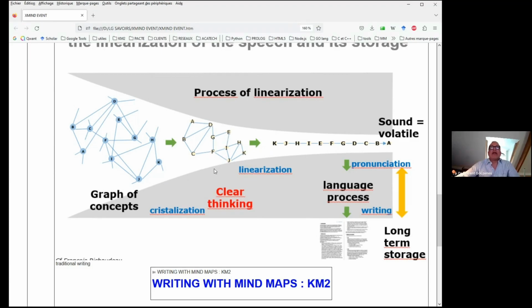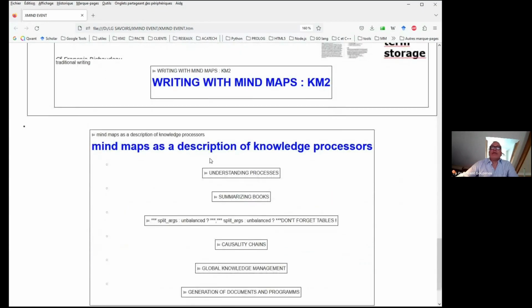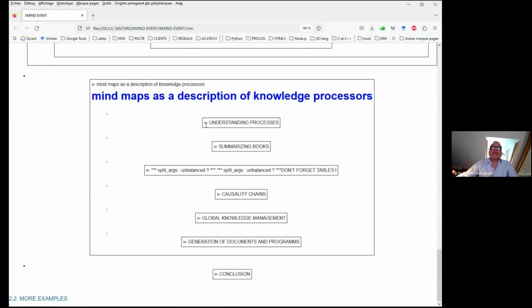And finally, we can understand that, in fact, this is the same as that. And this is the reason why maps are a very efficient way to represent knowledge. And so I will give you a lot of examples that I use.